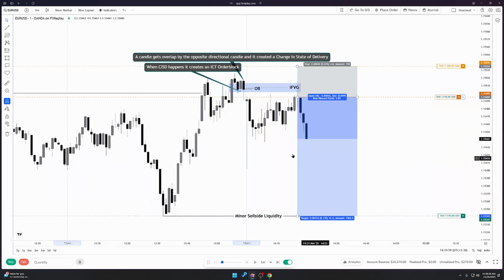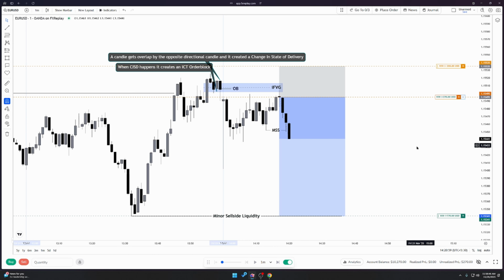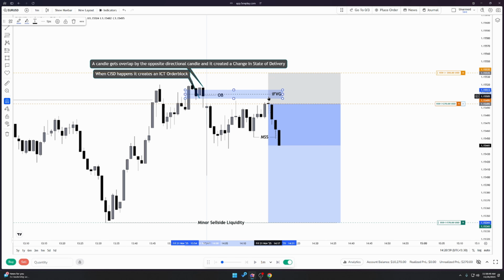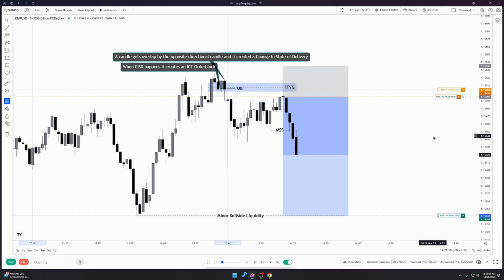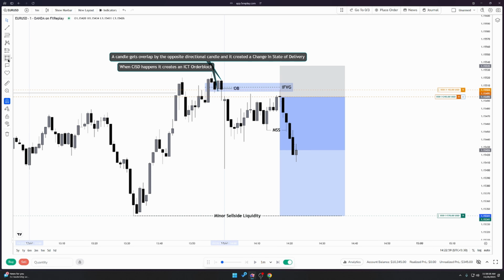Now notice, we get a market structure shift. The IFVG has already been rebalanced, so from a price delivery perspective, there's no real reason for price to return to that high. I move my stop down to that adjusted high. To the left, we also have a breaker block.